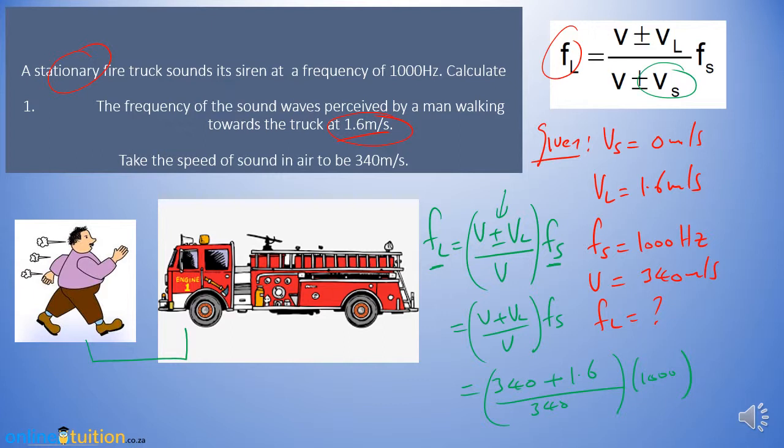Now that's 340 plus 1.6, divided by 340, multiplied by 1000, and here we go, 1004. We don't expect a very massive shift, but it's about 1004 hertz. But nevertheless, you must agree with me, 1004 hertz is greater than 1000 hertz, as expected. So that's perfect.